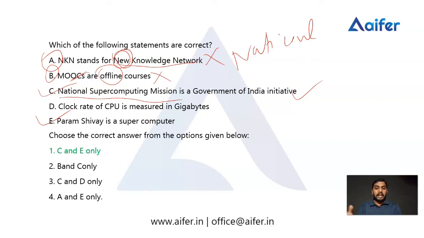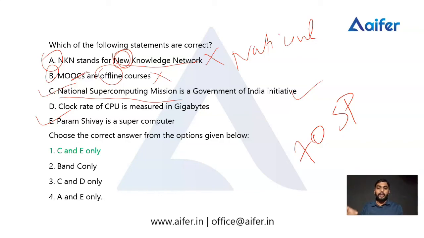The National Supercomputing Mission is a mission or proposal of the Government of India. It is a cluster of 70 supercomputers that connects academic and research institutions across India in order to enhance productivity and quality.